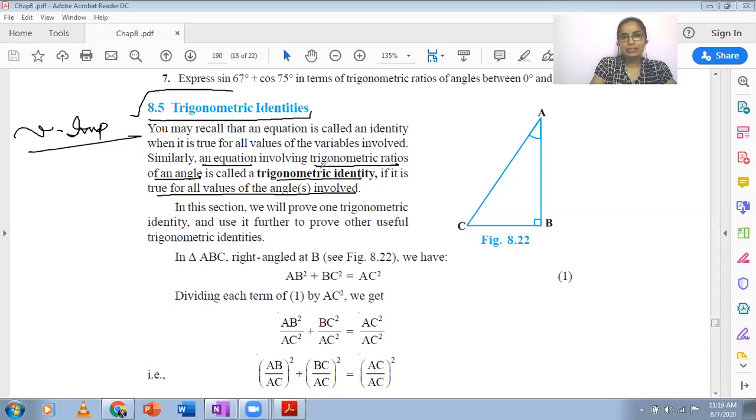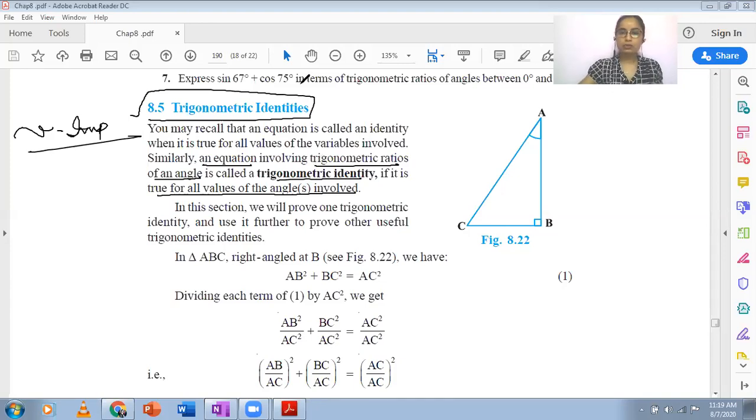Keep it open. So we have a relation existing between trigonometric ratios, और जो relation हम लिखेंगे वो equation की form में लिखेंगे, और वो जो relation है वो किसी भी angle के लिए अगर लिखा जाए तो वो true होगा. This is what a trigonometric identity is. Relation between trigonometric ratios.